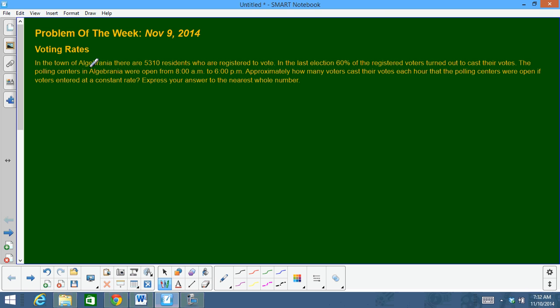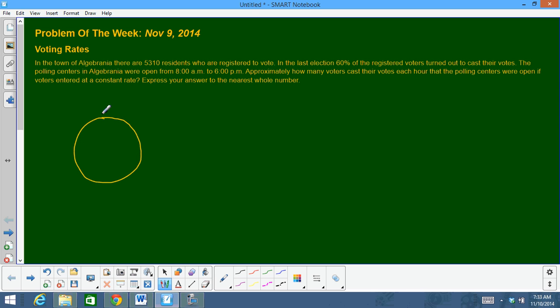In the town of Algebrania, Algebrania sounds kind of like Transylvania. So maybe left over from Halloween. People are still thinking about Halloween. Town of Algebrania, there are 5,310 residents who are registered to vote. All right.